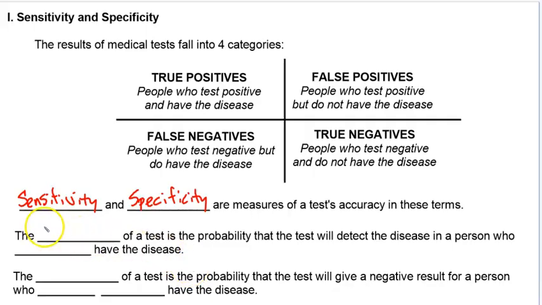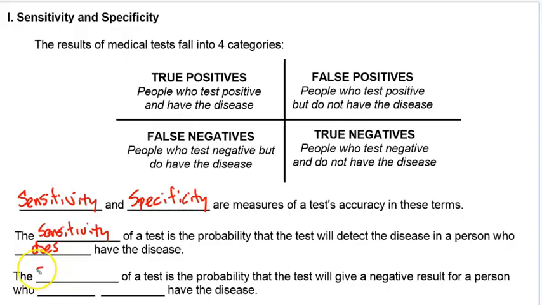The sensitivity of a test is the probability that the test will detect the disease in a person who does have the disease. So we're looking for the presence of disease in a person that actually does have it, and the test's ability to accurately detect the disease is called the sensitivity of a test.